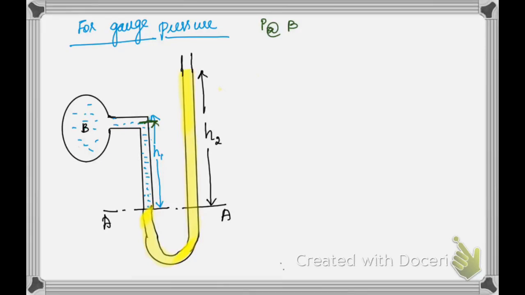Since it's not necessary that we use water as the metered liquid, we can use any liquid. So S1 will be the specific gravity of the light liquid, and S2 will be the specific gravity of the heavy liquid, that is the manometric liquid. We know the formula that specific gravity is equal to the density of the liquid divided by the density of water. So we use this for specific gravity.